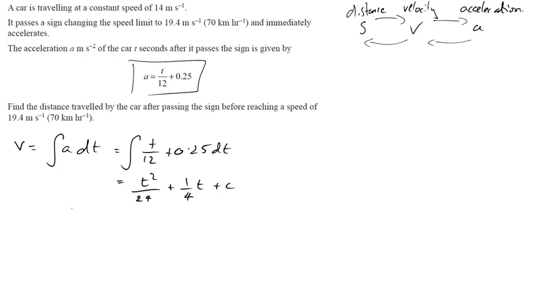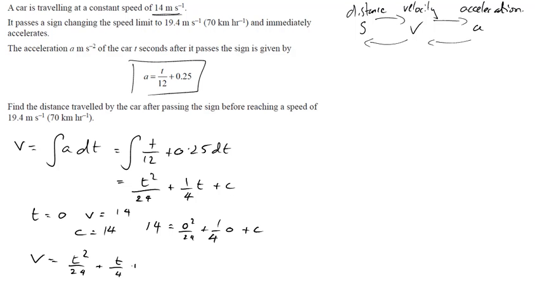But I know that at 0 time it's travelling at 14 meters per second, so when t equals 0, v equals 14, and at that point c must equal 14 because everything else in that equation is 0. Just to show you, 14 equals 0 squared over 24 plus 1/4 of 0 plus c, so c must be 14. So therefore I now know that velocity equals t squared over 24 plus t over 4 plus 14.